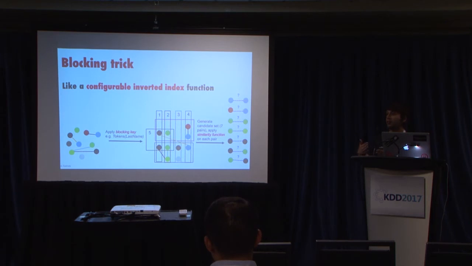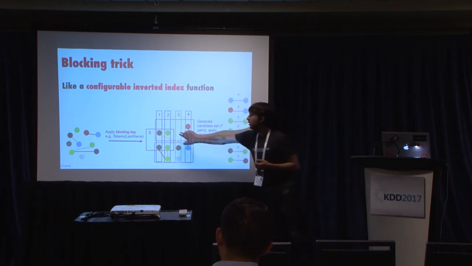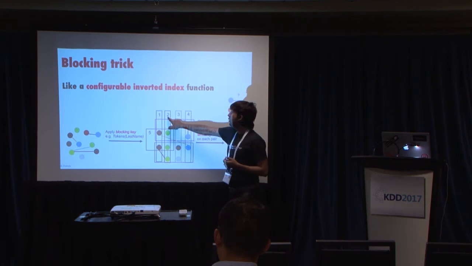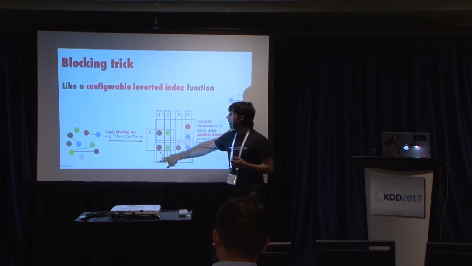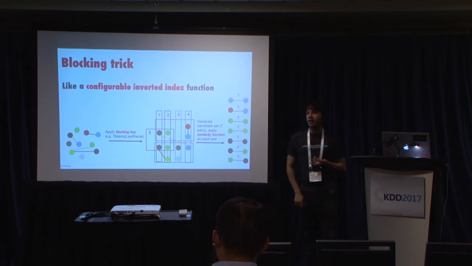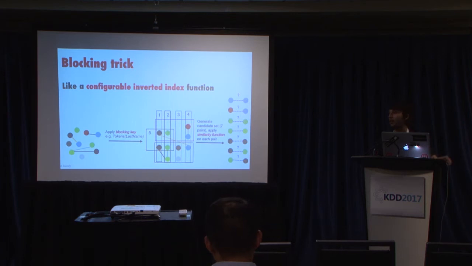So it's like a pre-processing step, and you can see that they're overlapping. Presumably, this is one token in the last name, and this is one token in the last name. These two nodes share two distinct tokens in the last name, maybe because they have one of those last names with hyphens in them.